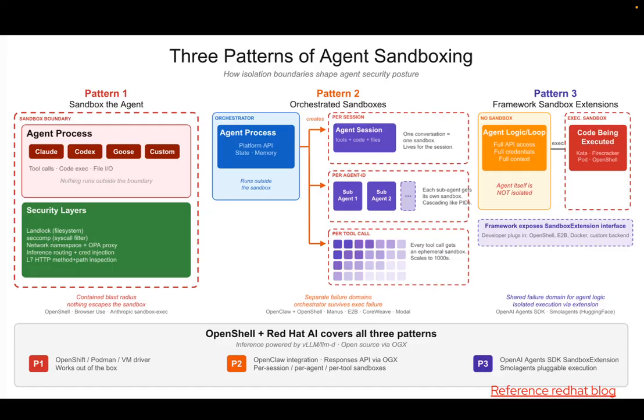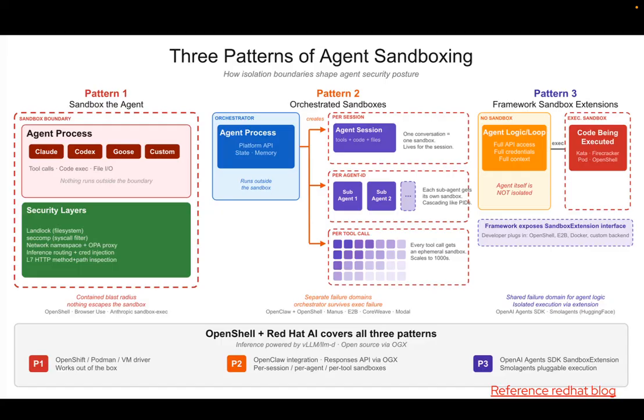And you also get the benefit of failure domain separation. Let's say if one execution sandbox fails, it shouldn't impact the main agent process. So this is more flexible when you're architecting using OpenShell agent technologies.